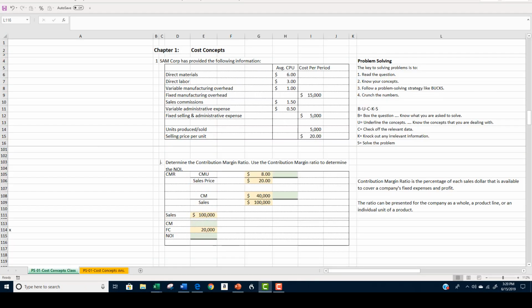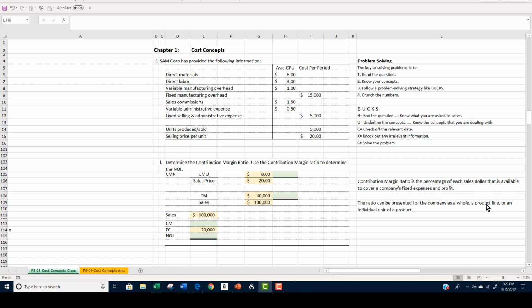Question J asks that we determine the contribution margin ratio and use it to determine the net operating income. The concept here is contribution margin ratio. The contribution margin ratio is determined by dividing the contribution margin by sales. The answer will always be a percentage.